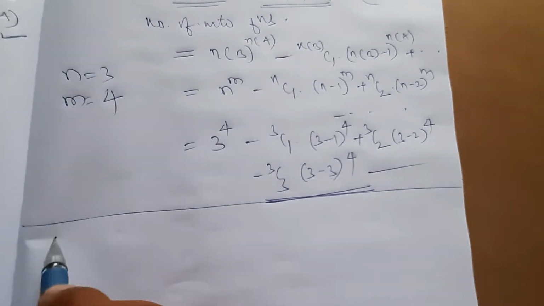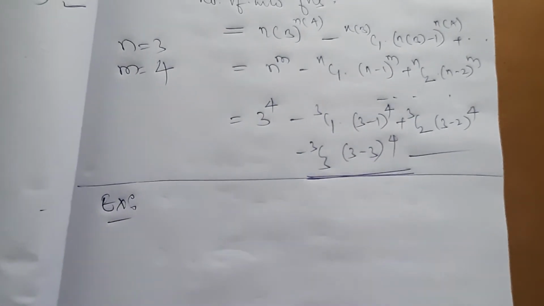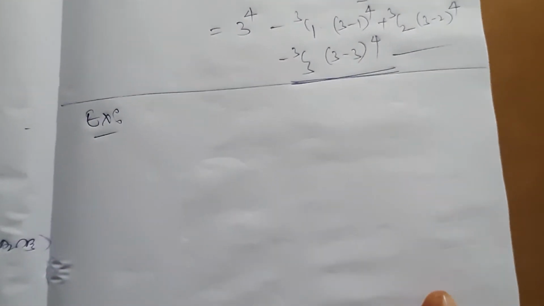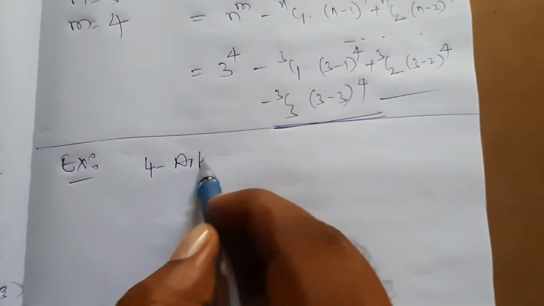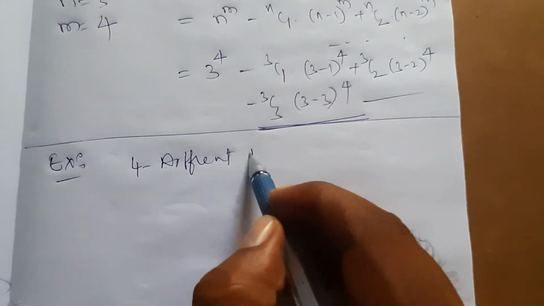Now, one more example. How do they apply this onto functions concept in permutations and combinations? Here listen. 4 different coins or 4 different things.